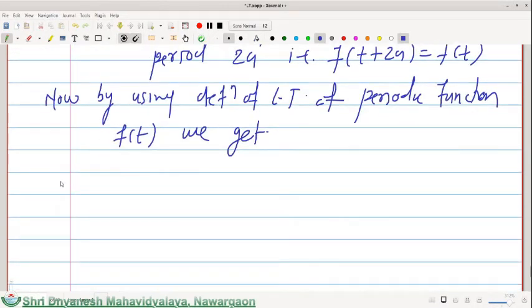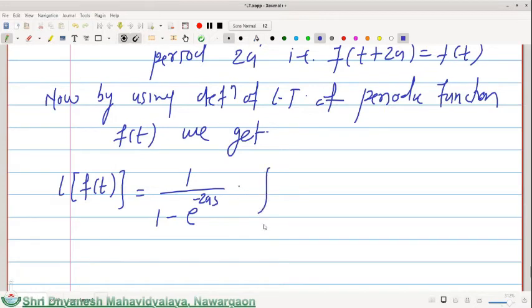So we get here the Laplace transform of f of t equals 1 upon 1 minus e to the power minus st. T means period, and here the period is 2a, so here it will be minus 2as, okay, times the integration from 0 to t, that is 2a, of e to the power minus st f of t dt.